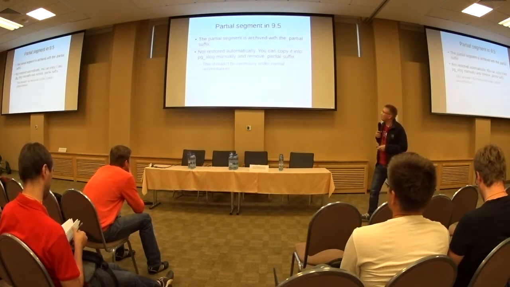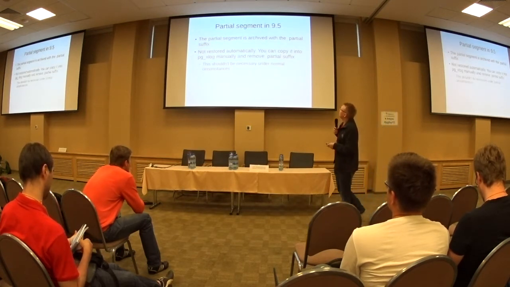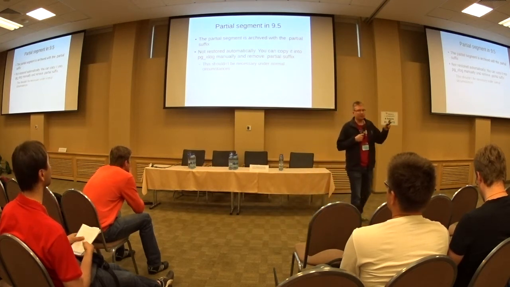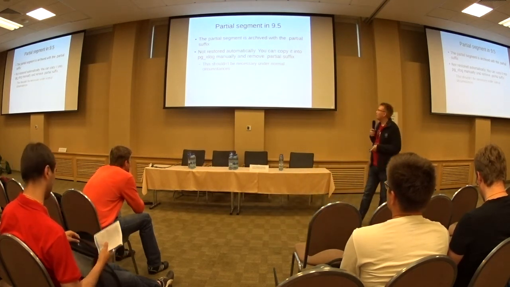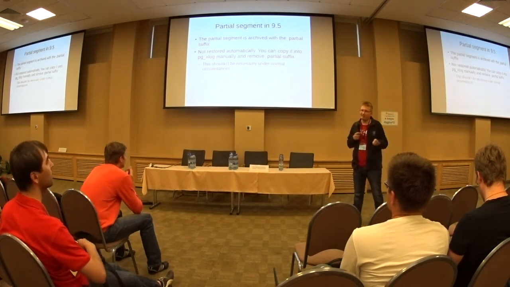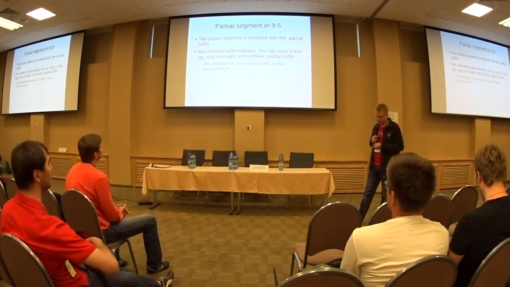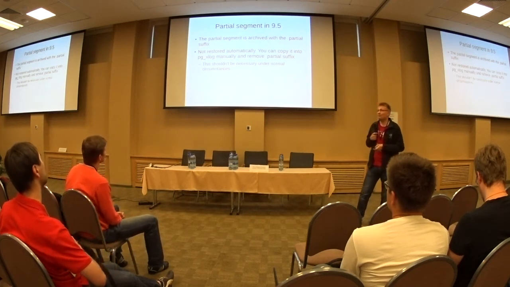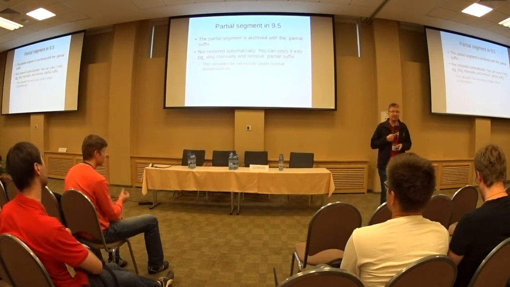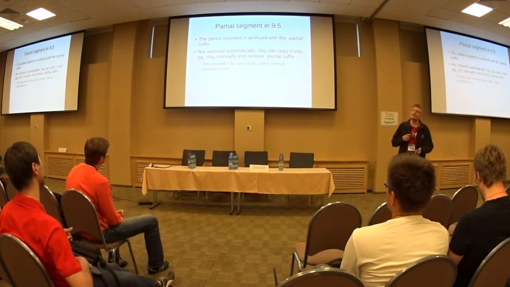So in 9.5, I changed this so that we changed the name of the file so that we put a .partial in there. Now you can actually tell which file is the complete one and which one is the partial one. And maybe you might even keep multiple copies of these partial ones if that ever happens, if you really want to make a fancy archive command.